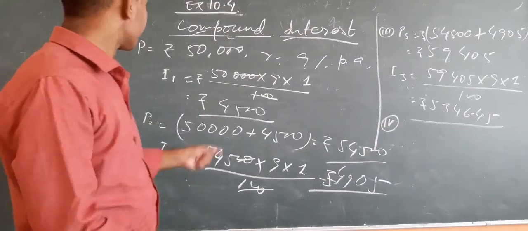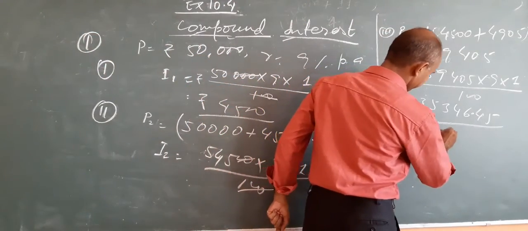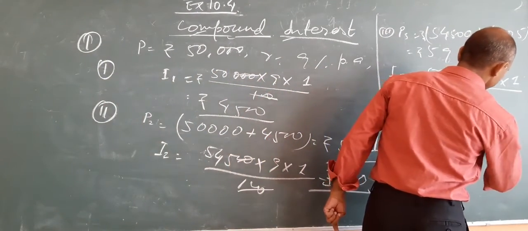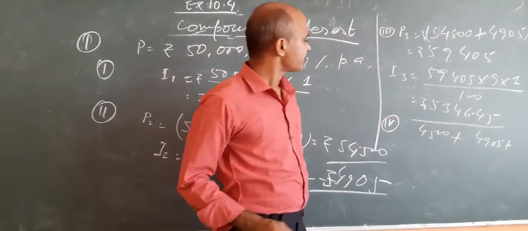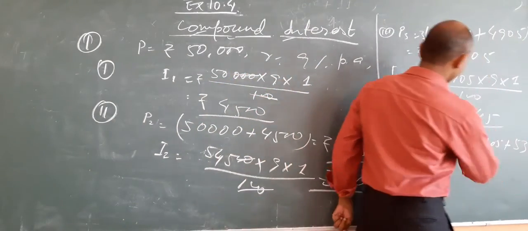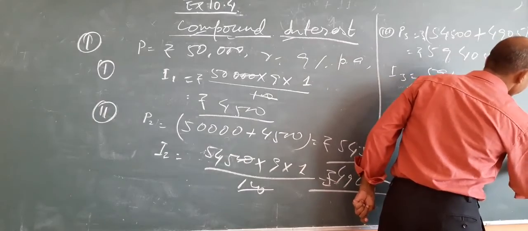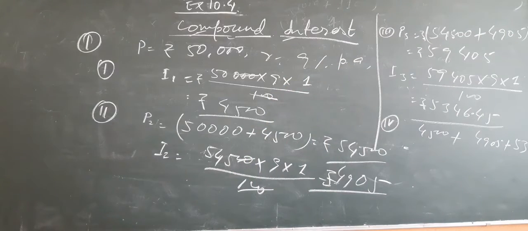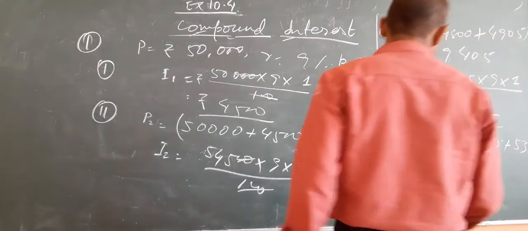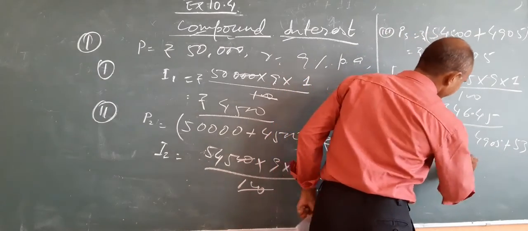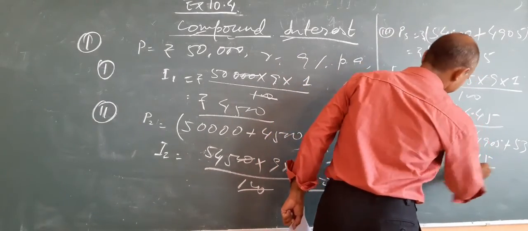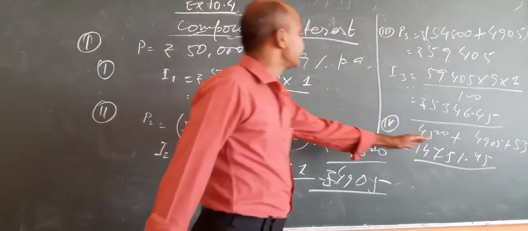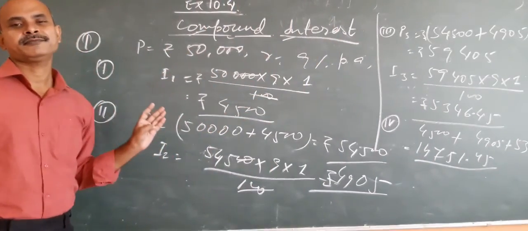The first interest is 4,500, plus the second 4,905, plus the third 5,346.45. On adding we get 14,751.45. This is the compound interest for the 3 years.